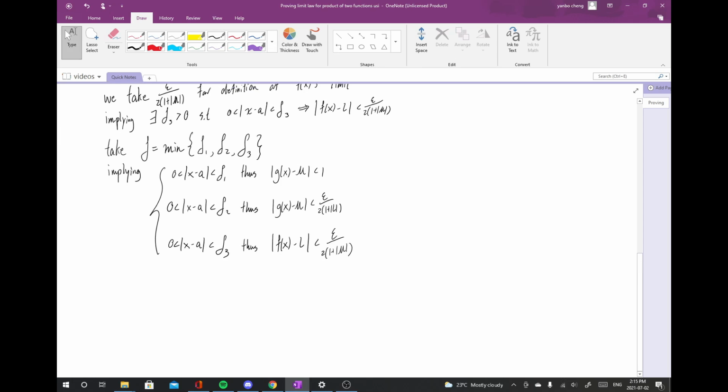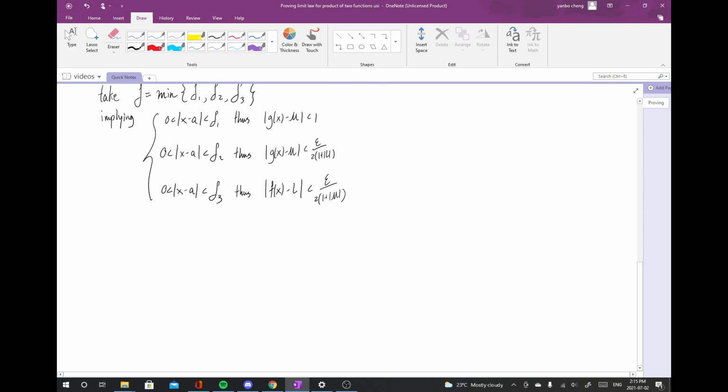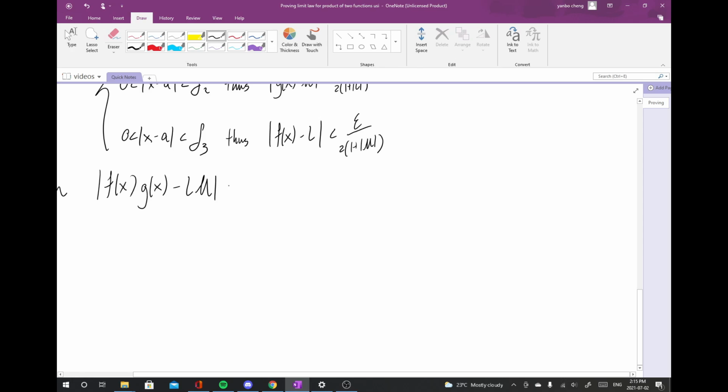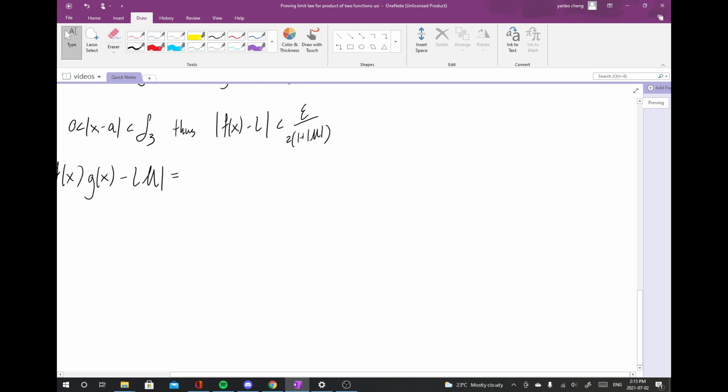Okay, now that we've proven that, now we have to finish the then part of the actual statement that we want to prove. Then we have f of x times g of x minus L m. Let's simplify this in our rough sketch.